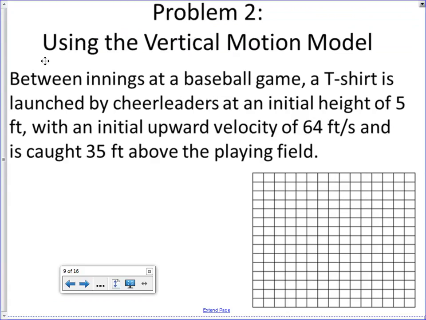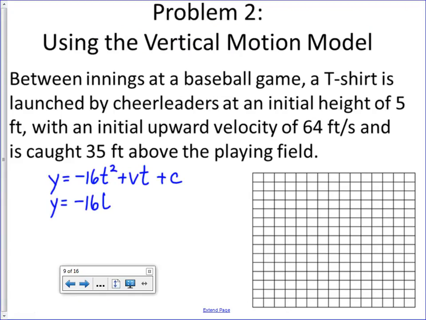Okay, so we have y equals negative 16t squared plus vt plus c. All right, let's fill in the blanks that we know. We know that t is our time in seconds. We know that our initial velocity is 64 feet per second, and the initial height is 5 feet.